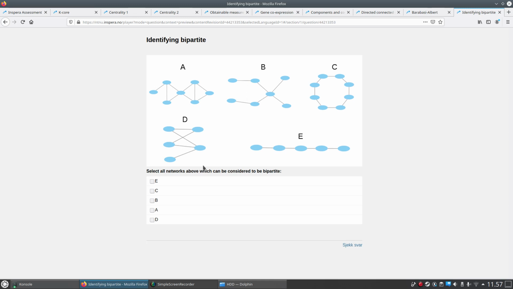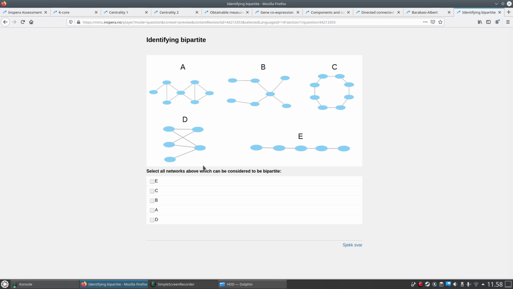For instance, if you were to do something silly like make a network from numbers, and you add an edge between any two consecutive numbers, that would be bipartite, because there are no odd numbers that follow each other, and there are no even numbers that follow each other, right? Even numbers would only be connected to odd numbers and vice versa.